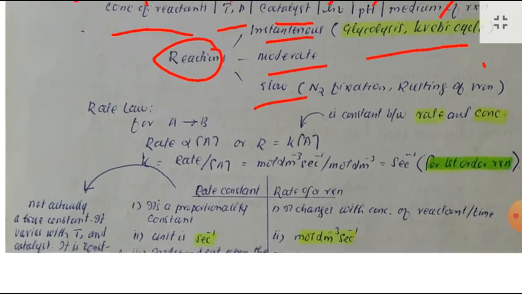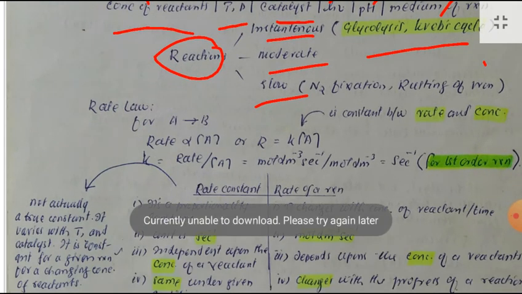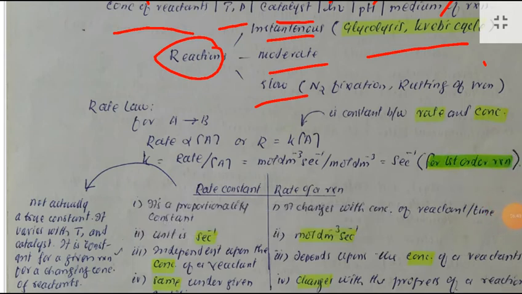Here we have given the rate law again, which we have studied previously. For a reaction, for example A transforming into B, the rate of reaction will be directly proportional to the concentration of A. We have replaced the proportionality with a constant, small k, that is the rate constant.